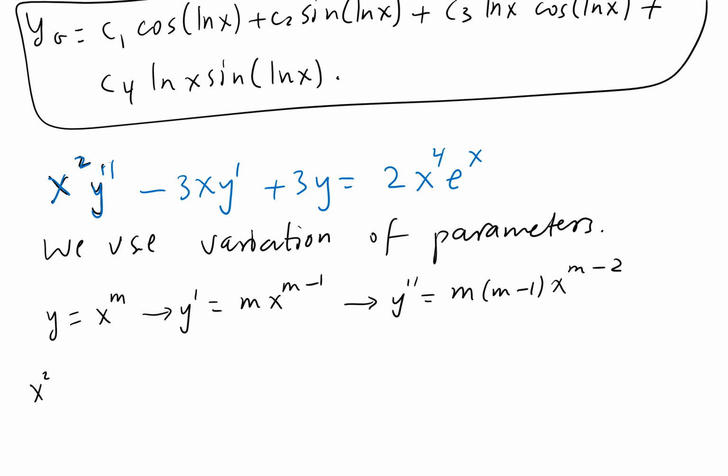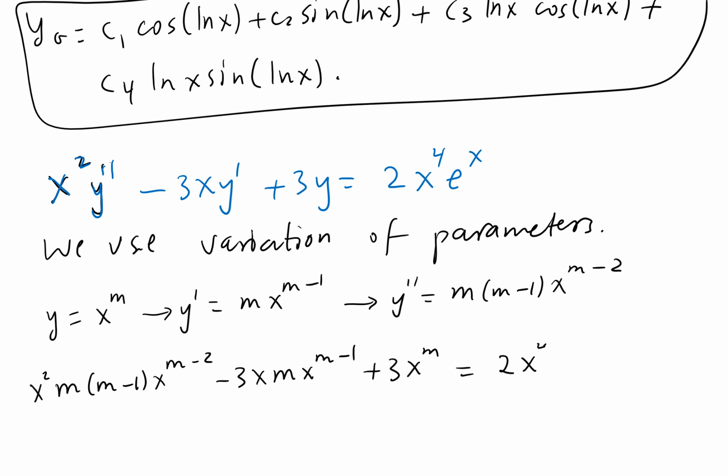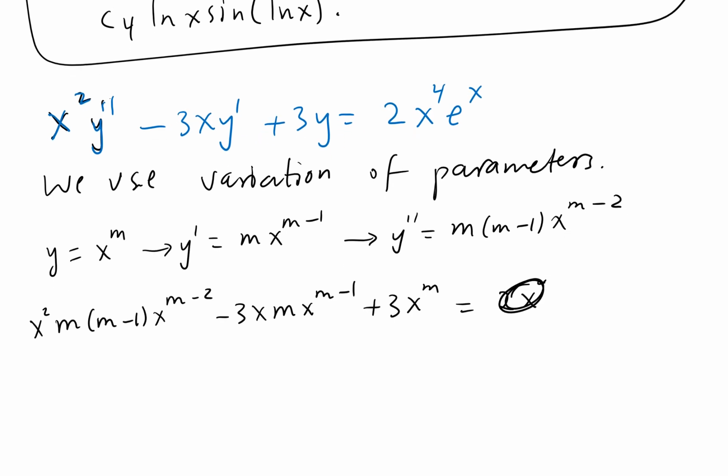That gives me x squared m times m minus 1 x to the m minus 2 minus 3x m x to the m minus 1 plus 3x to the m equals 2x to the fourth. Well, we do it for 0 for now, for homogeneous. Simplify everything, you will get m squared minus 4m plus 3 equal to 0.